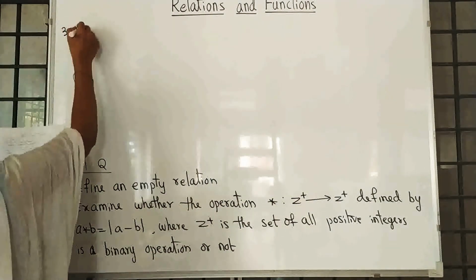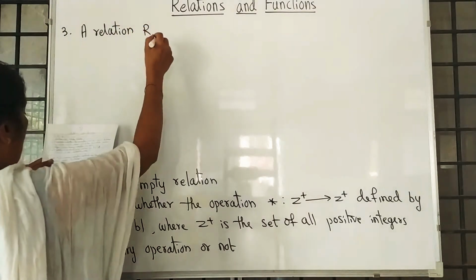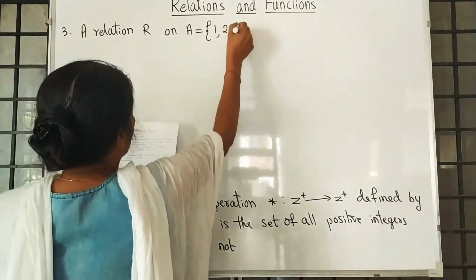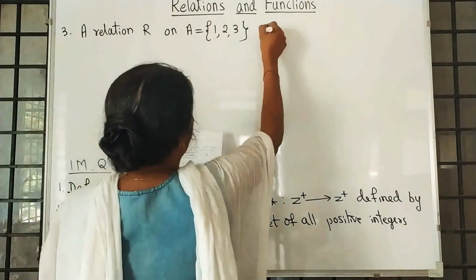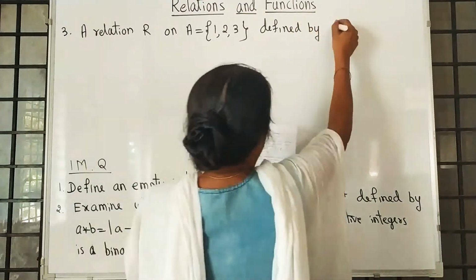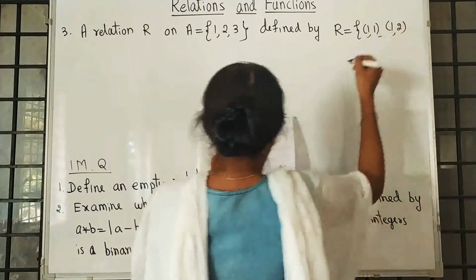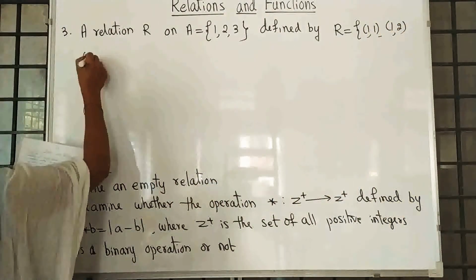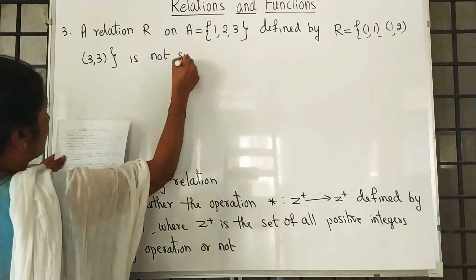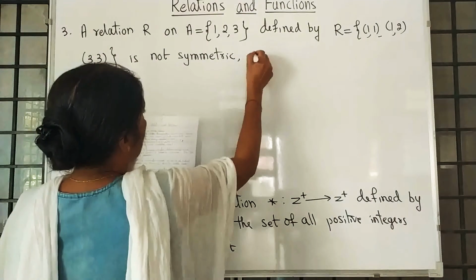A relation R on A, the set A is {1, 2, 3}, defined by R is equal to {(1,1), (1,2), (3,3)}, is not symmetric. Why?